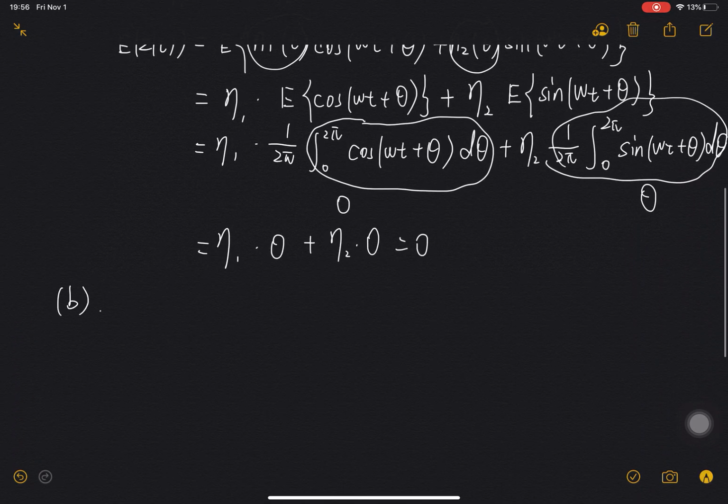And the question B. So the question B asked us to find R_Z(t1, t2). And also we're asked to tell if z(t) is WSS.